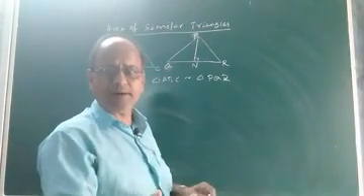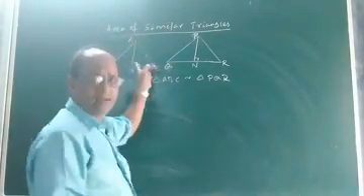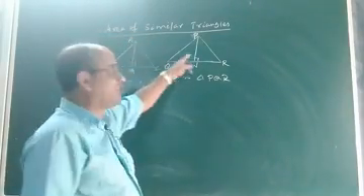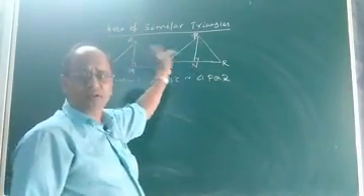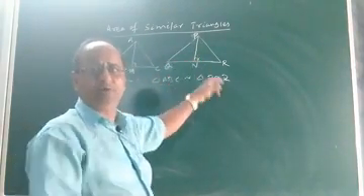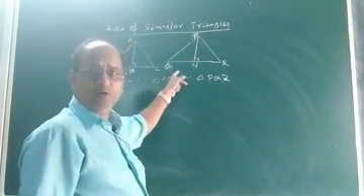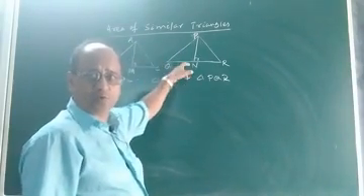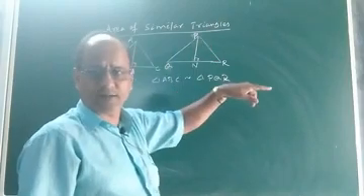Now, what does theorem 6.6 say? It says that if two triangles are similar, then the ratio of their areas, that means area of triangle ABC divided by area of triangle PQR, will be equal to the ratio of the squares of each pair of corresponding sides.